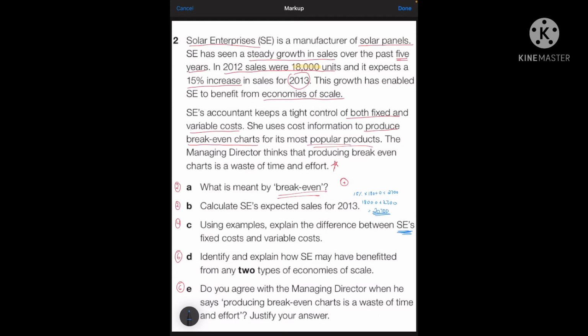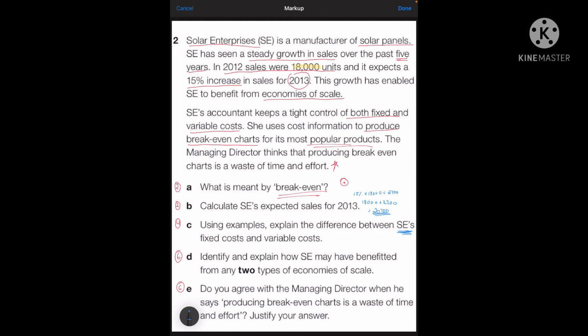So whenever you're writing your answers, make sure you relate your answer and include application from the case study in your answers to get more marks. So first you can explain what is fixed cost. Fixed cost is when costs do not vary with the change of output. Then give some examples relating to SE.